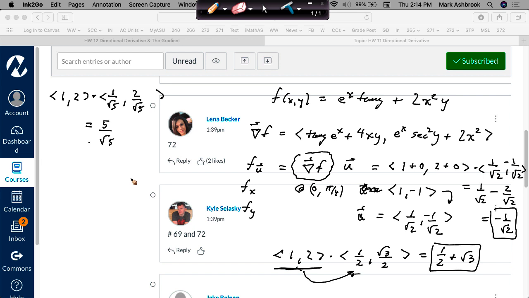What was the other way we said you could get the max rate of change? Just the magnitude of the gradient. So what's the magnitude of the gradient? Square root of 5. Are they the same? They're the same. This is square root of 5, and that's square root of 5. So we used the long formula to show that the magnitude of the gradient is the rate of change you get when you go in the direction of the gradient.